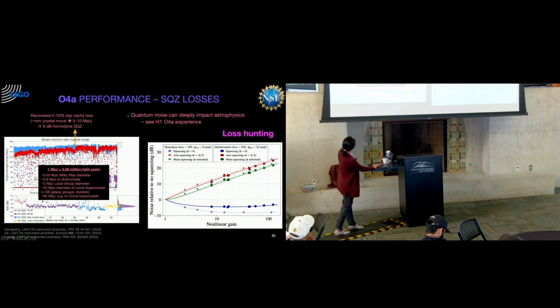The local supercluster is about 30-some megaparsecs, and the next supercluster is about 100 megaparsecs. So by this, we're extending our range by an extra 10 galaxies that we can search for neutron star mergers. So this is just what we can achieve by moving a nonlinear crystal by 2 millimeters and recovering 10% of optical loss in a cavity. Just to make that connection, it's kind of cool.